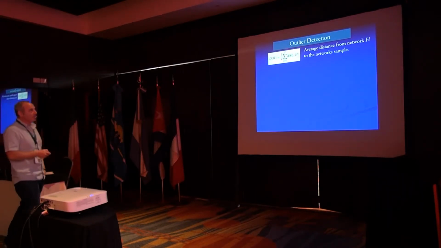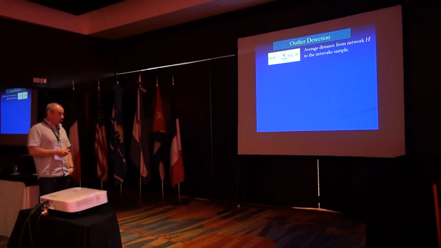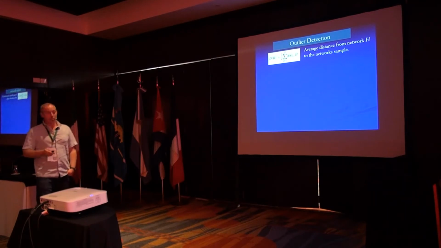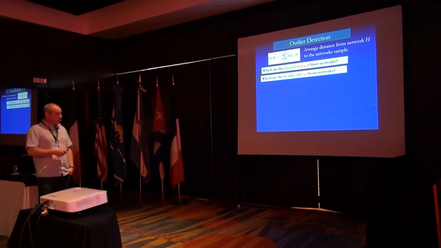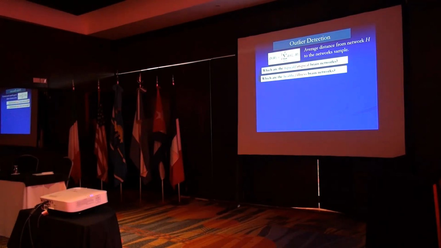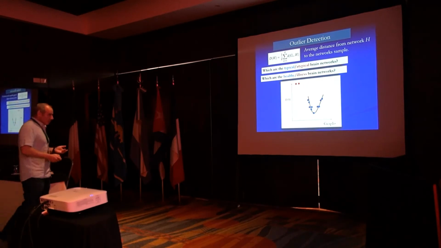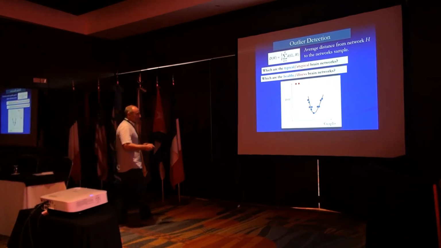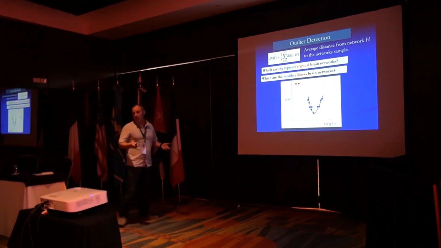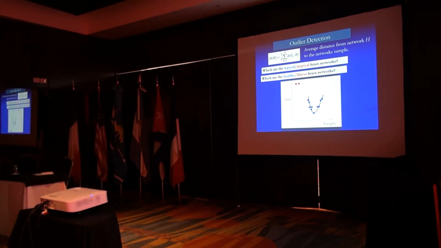If you have a distance from a network to the network sample, you can say, okay, if the distance is very large, it is atypical. For example, you can obtain results like this, where the distance is large for some graphs, and pay attention to these people.